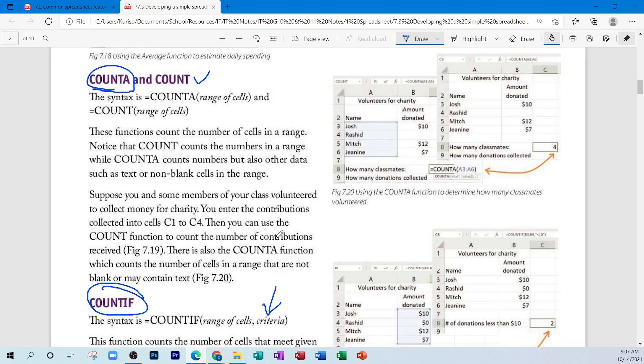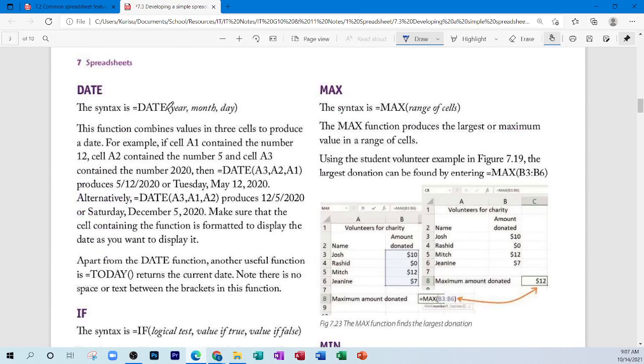And they do not count blank cells. If a cell does not have any data, it will not be counted. So Count only checks whether data is in a cell, not how much data is in a cell.